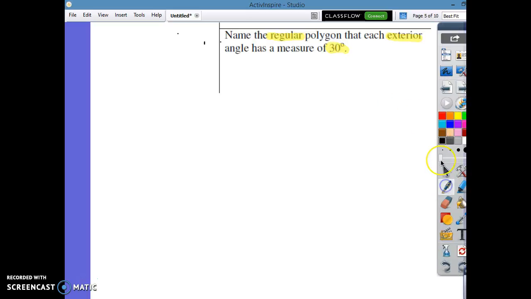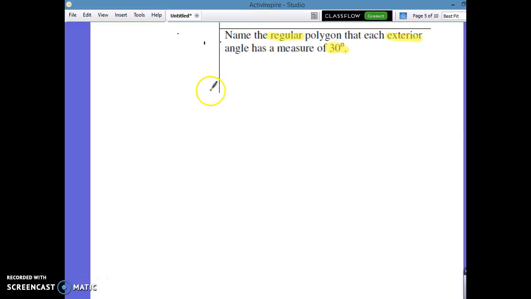So let's use what we did in the last example to help us out with this one. We know that the sum of all of the exterior angles will always equal 360. The sum of exterior is always 360, right?